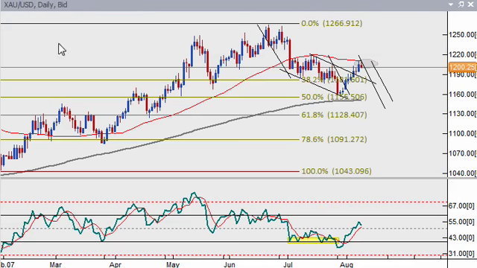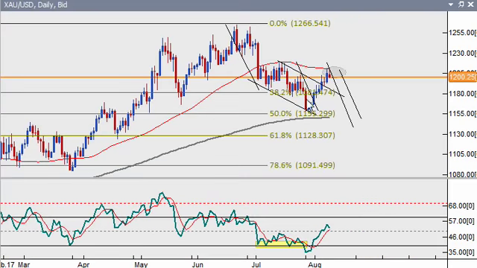Moving on to gold with the symbol XAU/USD. I've been bearish on gold, but after this bounce, I was looking for some topping action and seeing if we could get any clues for a further bearish outlook.